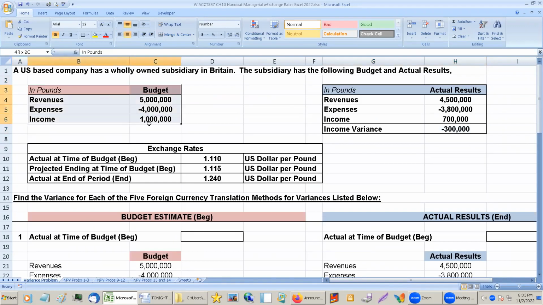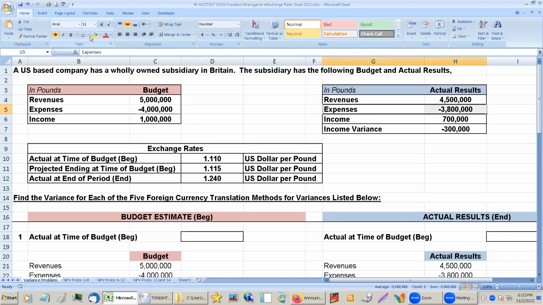Okay, so here's our budget. Over here on the left, this is our budget, and then these are the actual results over here, right underneath. I didn't put the line there because it would look funny. But anyway, here's the budget that they thought they could achieve.